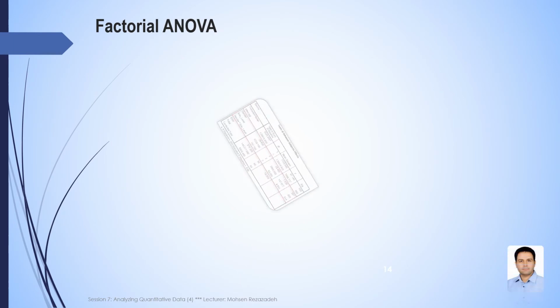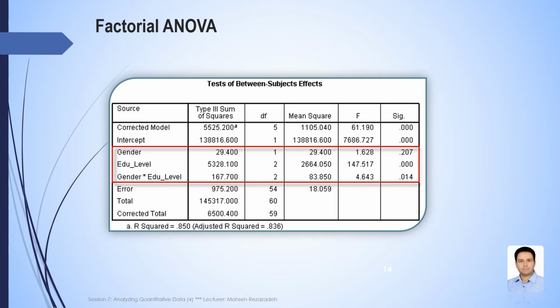The actual result of a two-way ANOVA is shown in the tests of between subjects effects table, as shown here. The particular rows we are interested in, in this example, are the gender, EDU level, and gender star EDU level rows.